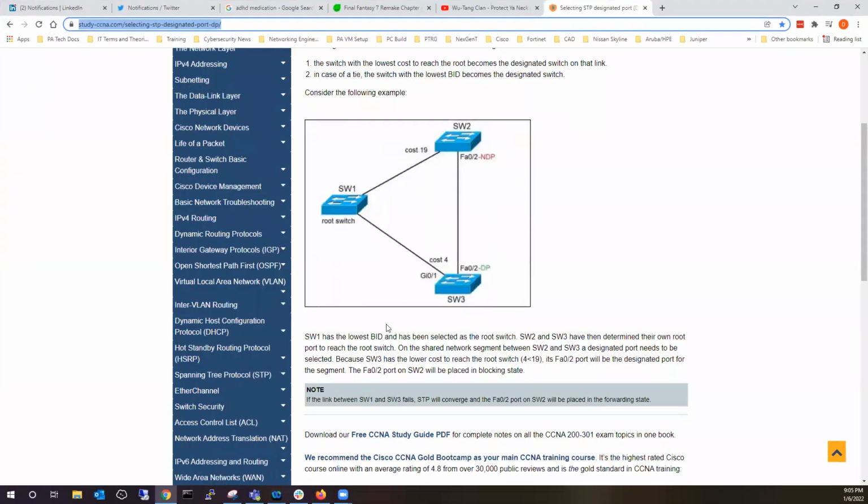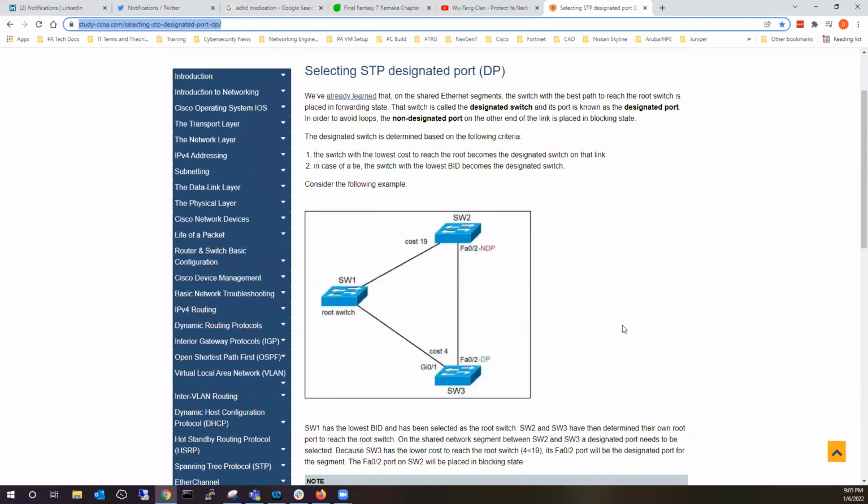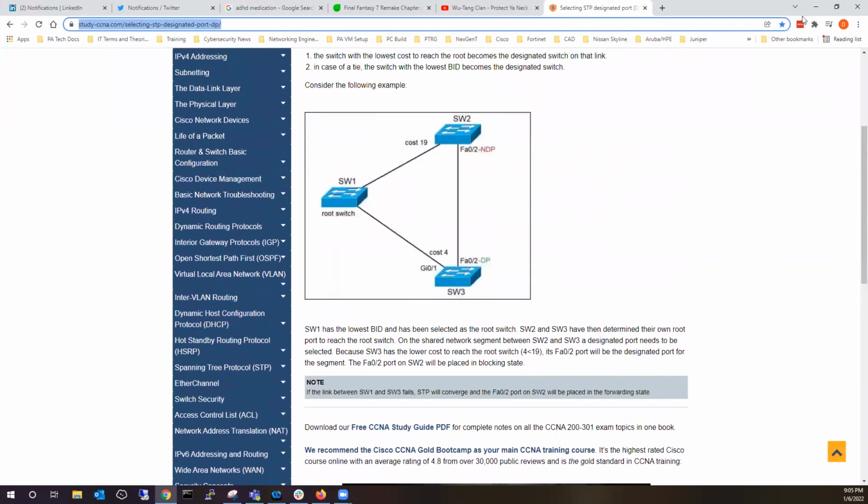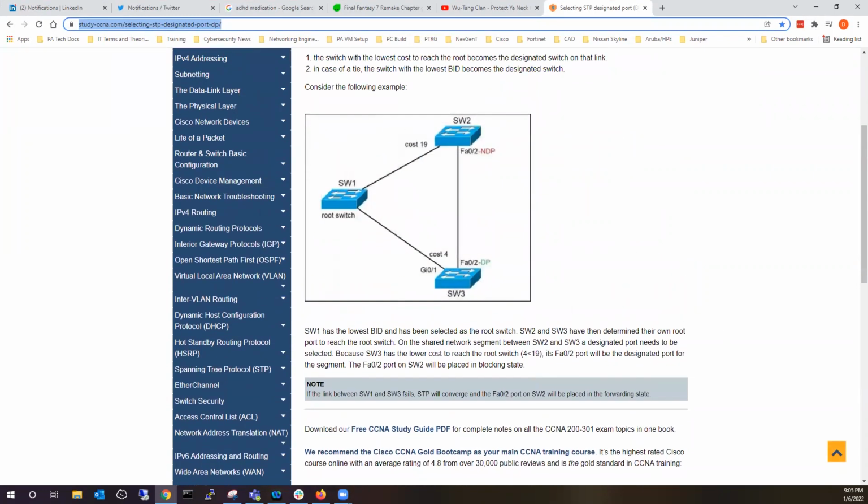Something like this: give the links certain speeds, different costs, and just converge it yourself. Simple as that. I added all those switches just to throw y'all off.